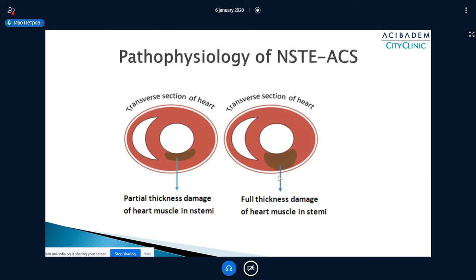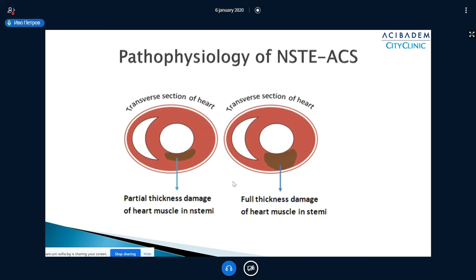Depending on the damage caused by the acute coronary syndrome, this damage starts from the endocardium, like shown here, the farthest zone from the supply of the vessel, and grows through the thickness of the myocardium in order to have full thickness damage.